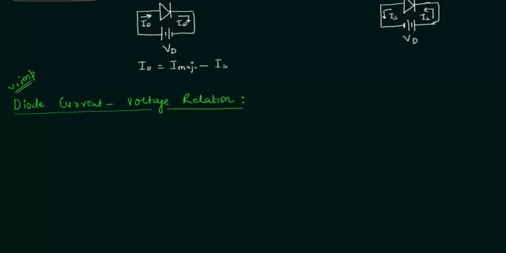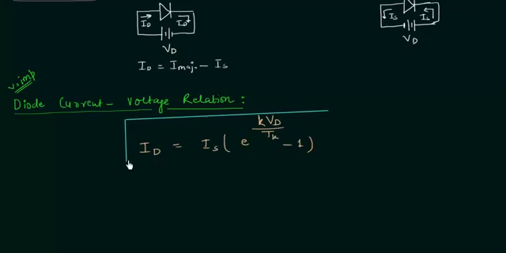The diode current and voltage relation is given as ID, the diode current, is equal to Is, in brackets e raised to the power k Vd by Tk, minus 1. We will use this relation in solving numerical problems, and you will have one question in your exam depending upon this formula.